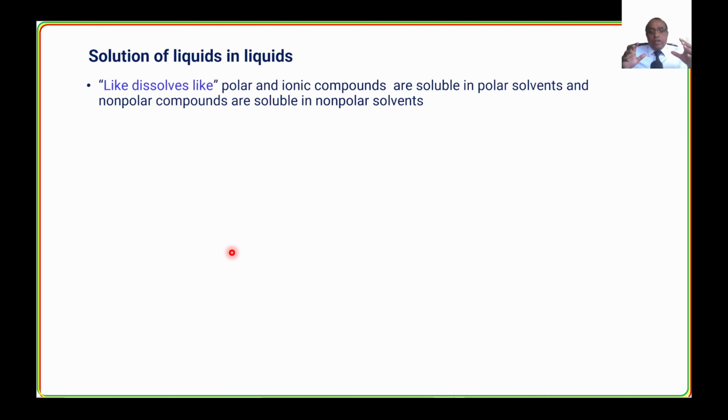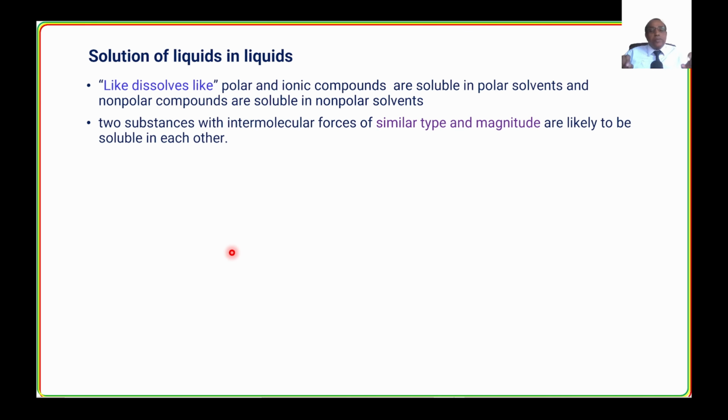So if the solute and the solvent have similar intermolecular forces of attraction, you would expect solubility. They would dissolve in the solvent. So for a compound to dissolve into a solvent, it needs to have similar intermolecular forces of attraction with the solvent. That's the whole idea of like dissolves like.